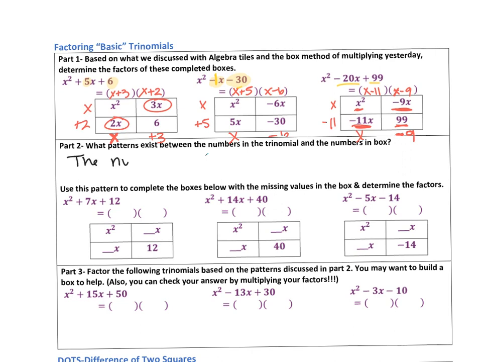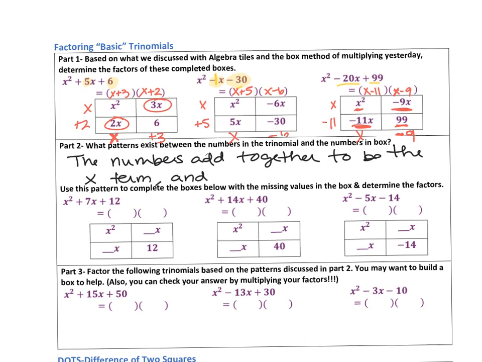The numbers add together to be the x term and multiply together to be the constant.